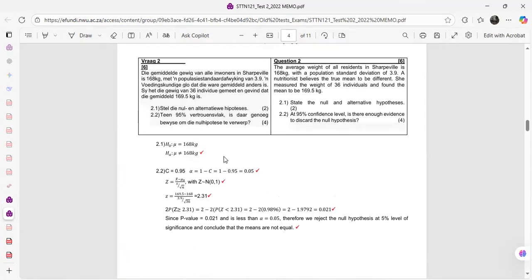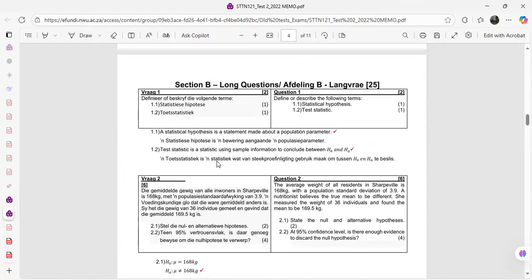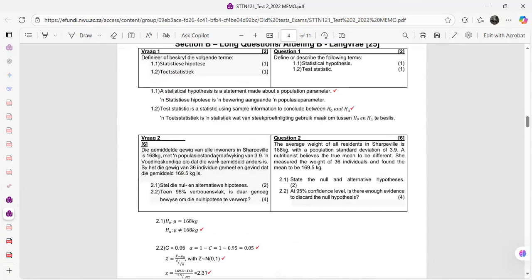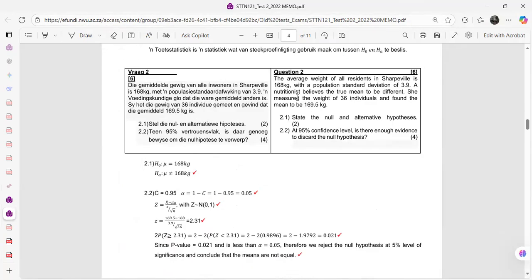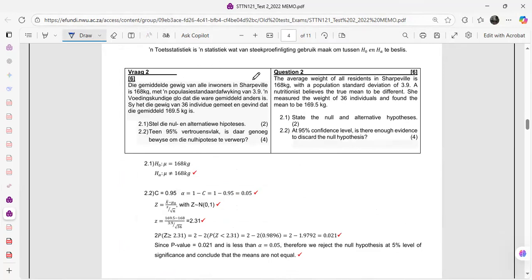What's the other one? This one here, the confidence. Okay, the average, question 2. The average weight of all residents in Sharpeville is 168, the population mean, and the population standard deviation is known.